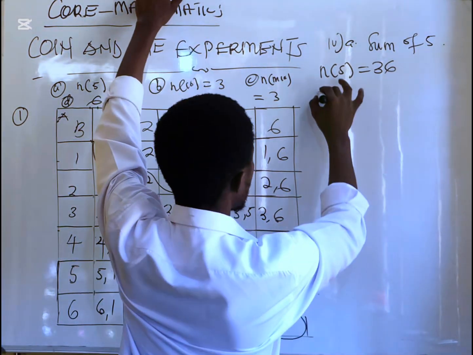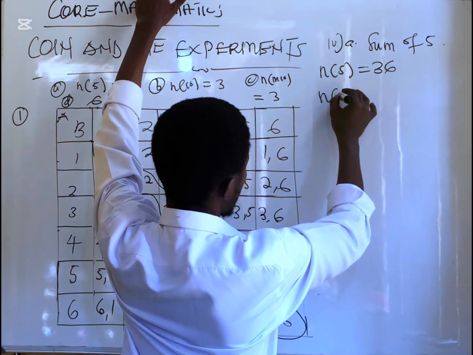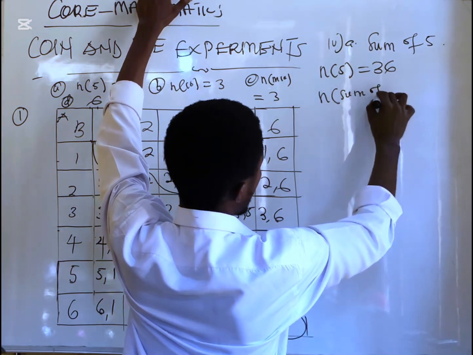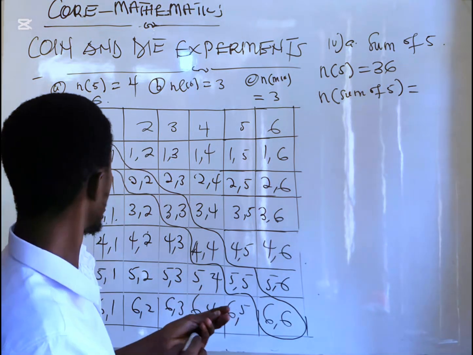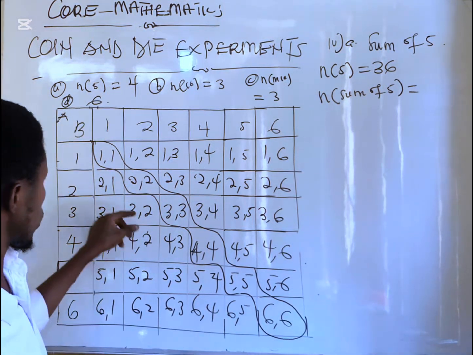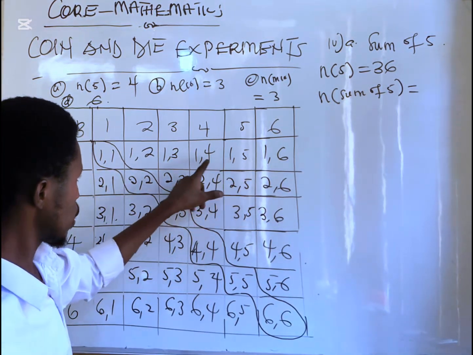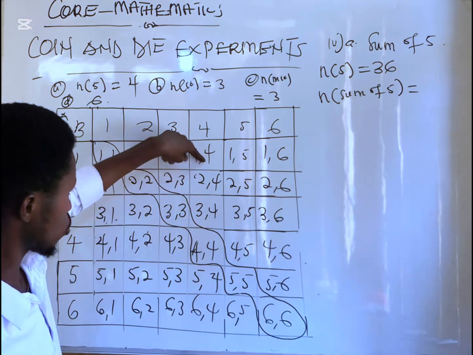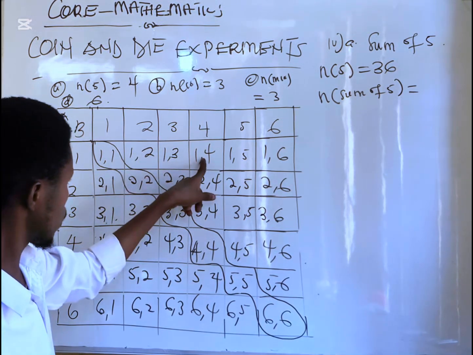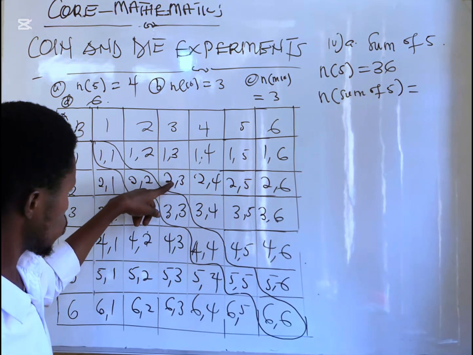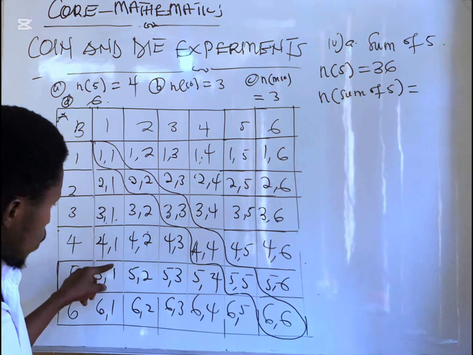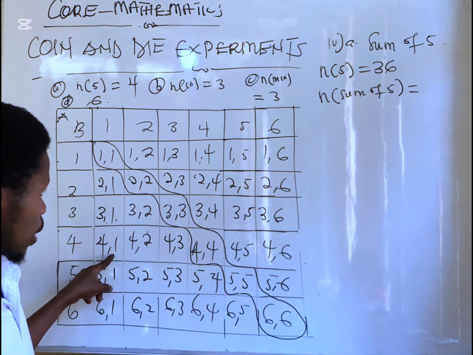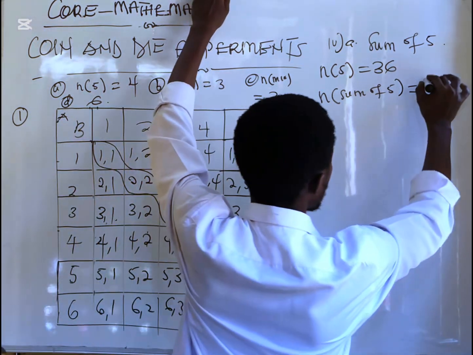Now, the number of events of getting a sum of 5 will be what? You did it, that is 4. You can still check, that is 1 plus 4, so this will be 5. So 1, 2, 3, 4, okay? So that will be 4.